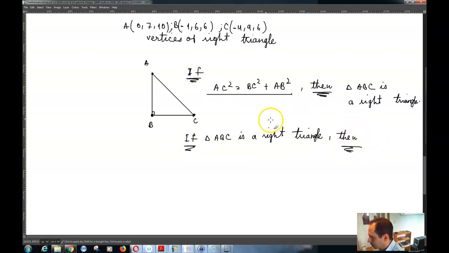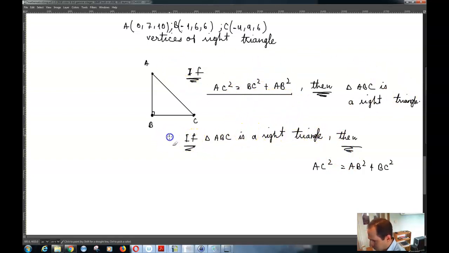Then this relationship exists between the side lengths of the triangle, meaning that you can write AC squared is equal to AB squared plus BC squared.